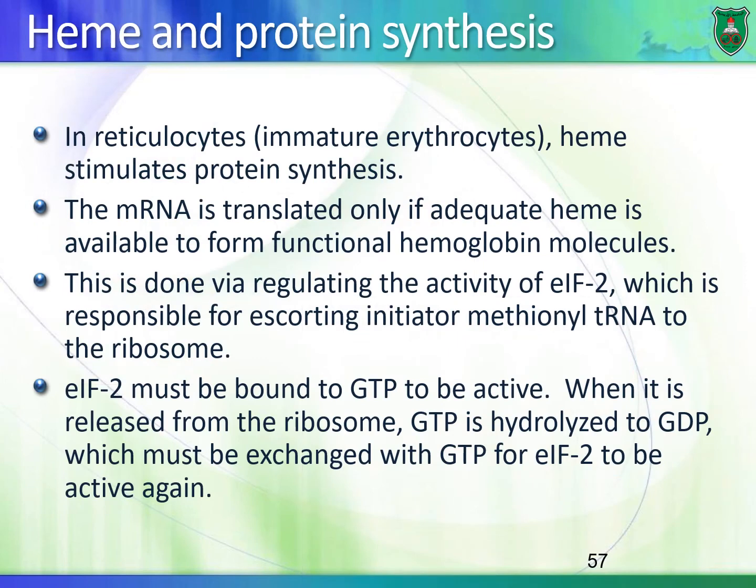Now we can also do this, by the way, with protein synthesis in erythrocytes, okay, immature erythrocytes or reticulocytes. Now these cells, erythrocytes, must contain a lot of hemoglobin, and it would be a waste to synthesize globin protein if there is not enough heme. So globin synthesis stops altogether by regulating initiation factor 2.